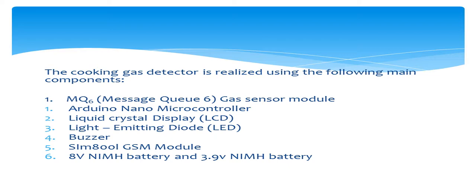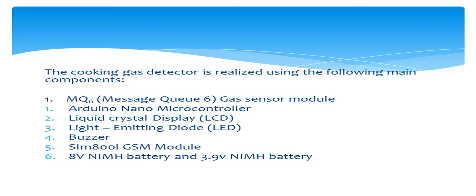Then you have the SIM800L GSM module. This component is incorporated so that once the concentration of the gas in a given environment is above the specified limit, it will send an alert to the user.